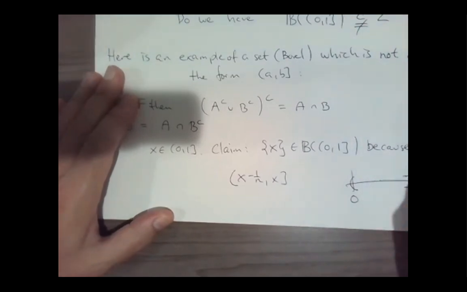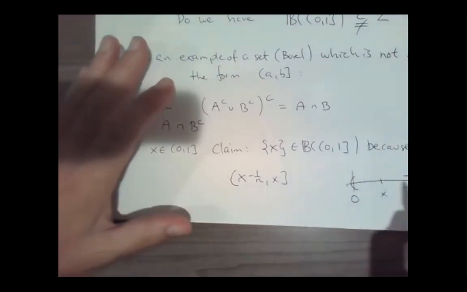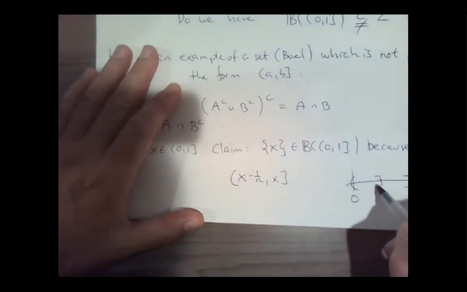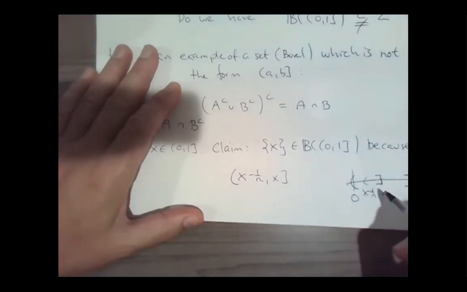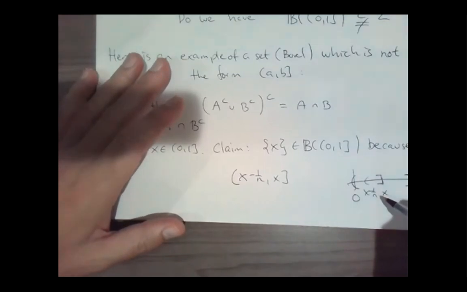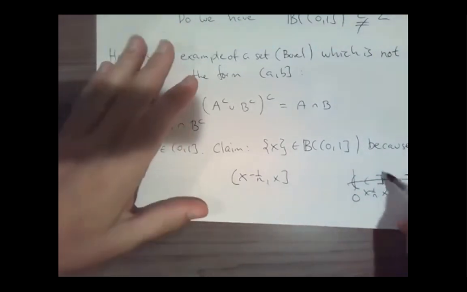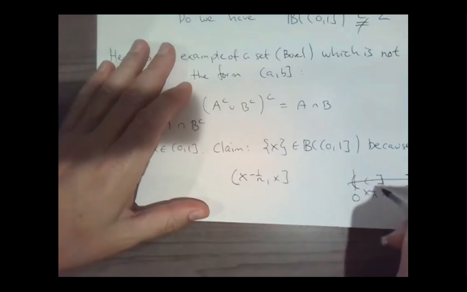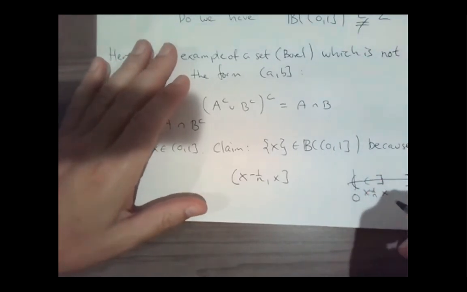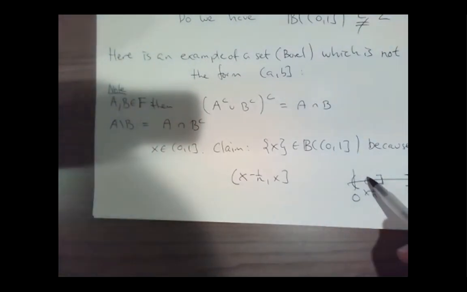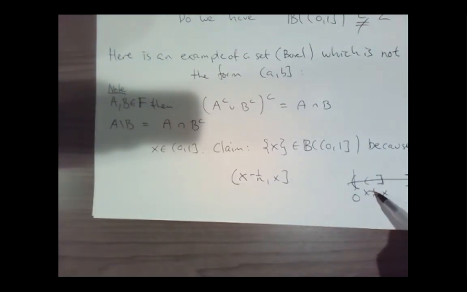I take a point, that's my x, and I look at an interval that goes down to x minus 1 over n. So x is in all these half-open intervals, and as n increases, this half-open interval moves in this direction. I'm subtracting less and less. So I'm taking an intersection.